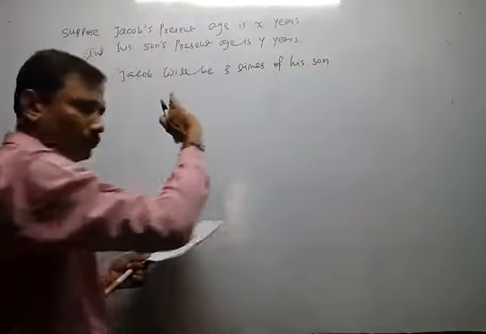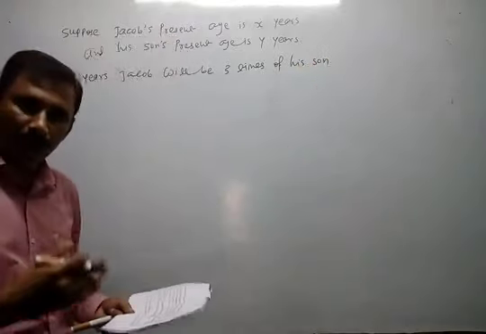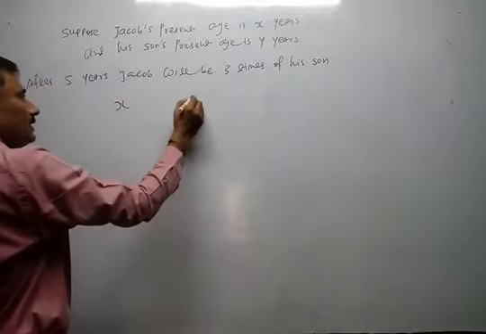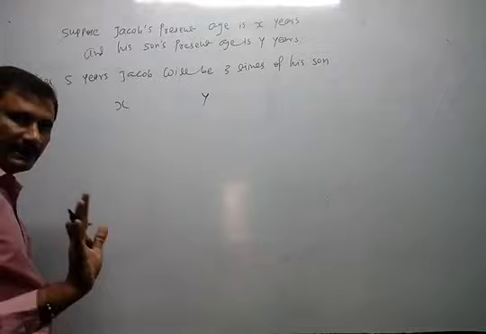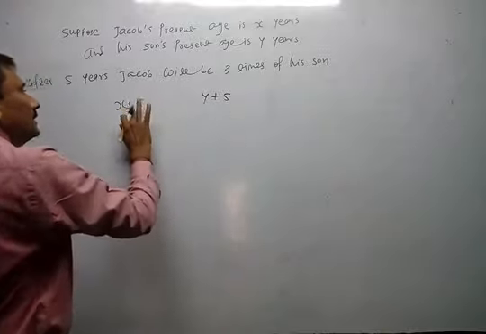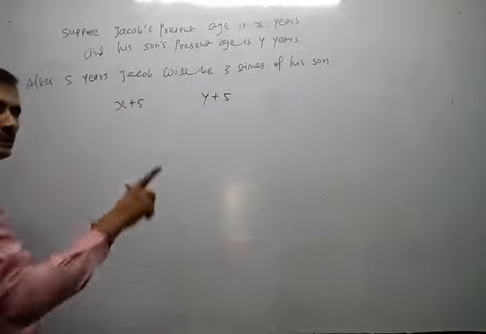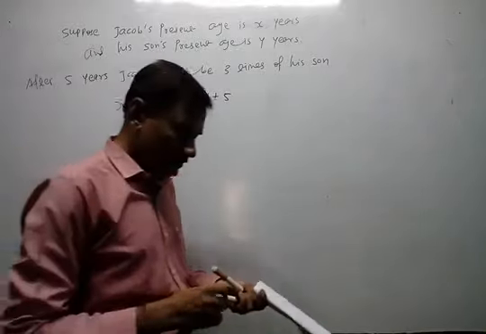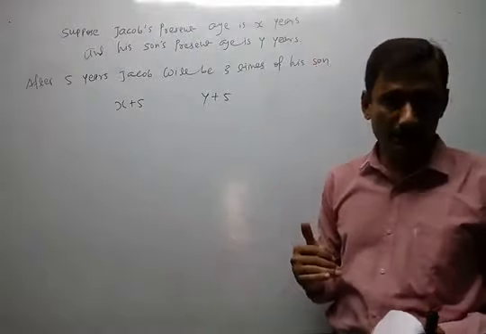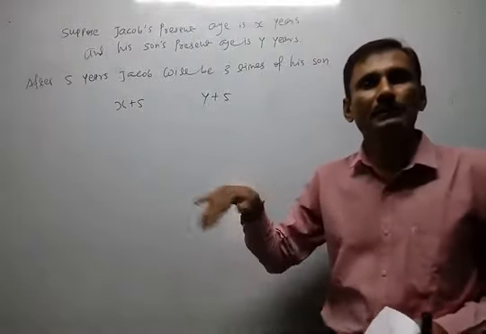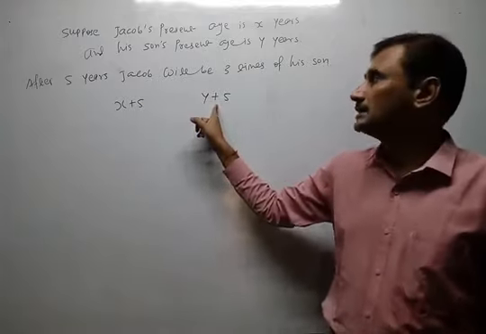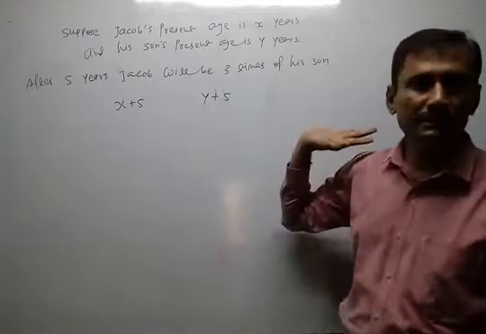Both ages are compared after 5 years. So x and y are not compared, but x plus 5 and y plus 5 are being compared. Because they are not telling the relation of ages right now, they are talking about after 5 years. So first of all, both ages are increased by 5.